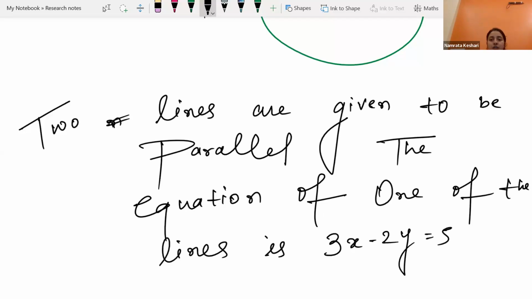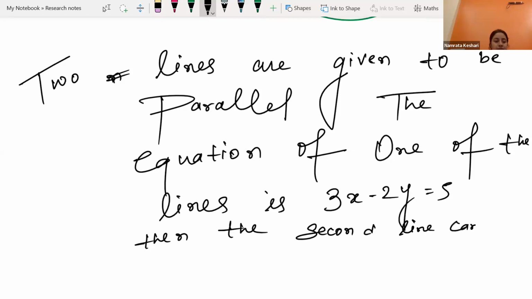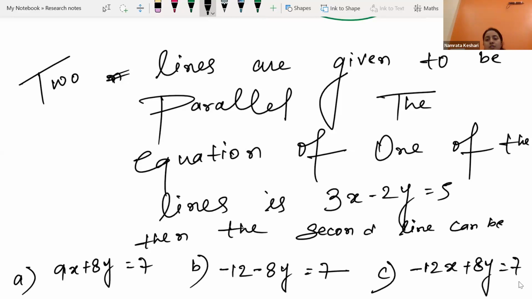Then the other equation, the second line, can be: option A, 9x plus 8y is equals to 7. Option B, minus 12x minus 8y is equals to 7. Option C, minus 12x plus 8y is equals to 7. And option D is none of these. Please check it.